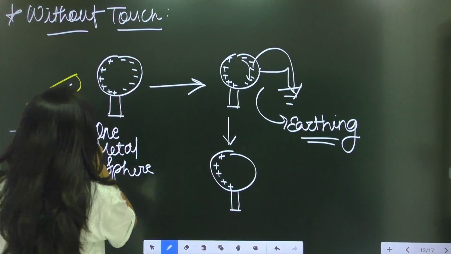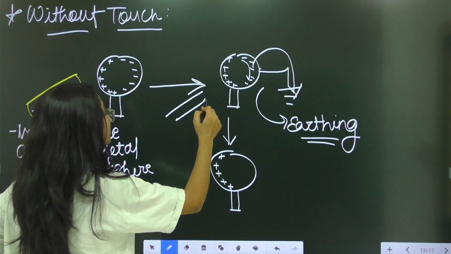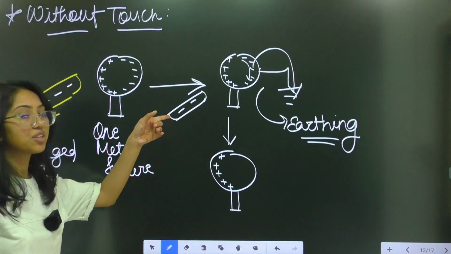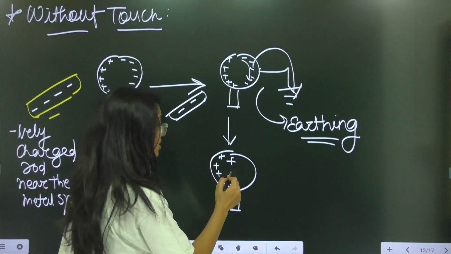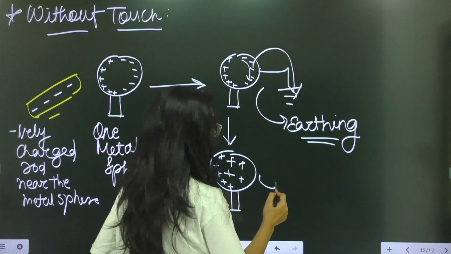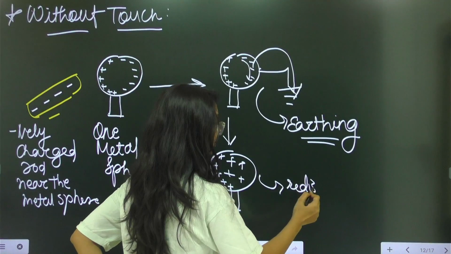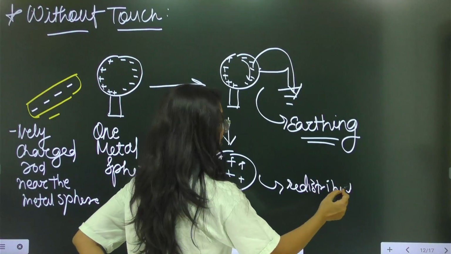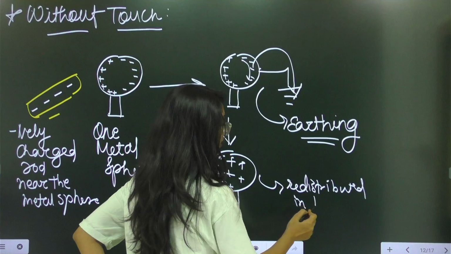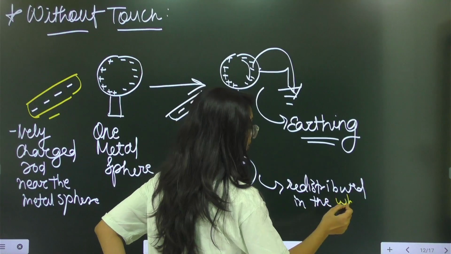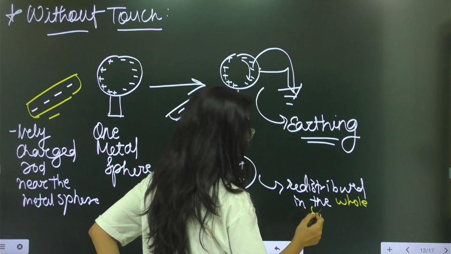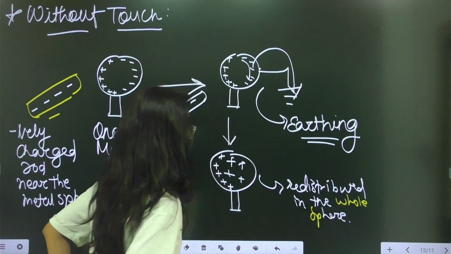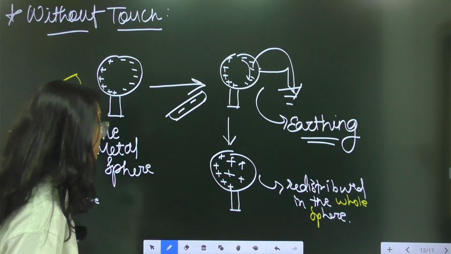And when we remove this rod, which is still here, and when we remove this negatively charged rod, the positive charges will be redistributed in the whole sphere. Okay, this is what is going to happen.